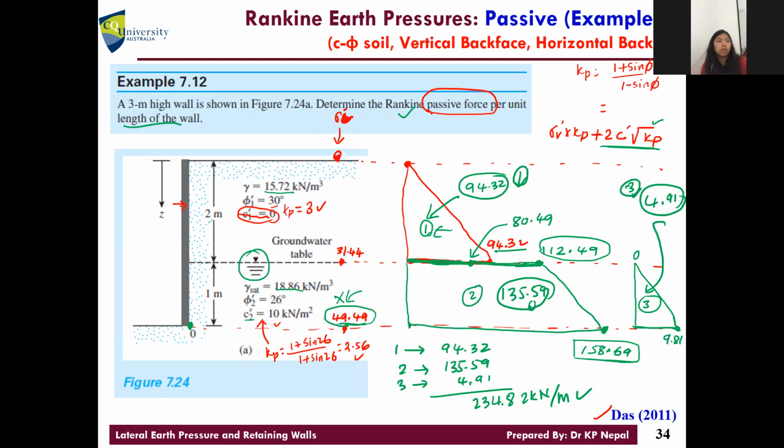It's 40.49. When I wrote 49, it should be 40.49, correct. So now I can multiply that. 40.49 times, what's the Kp value for this layer? 2.56. Plus 2 times C, where C is 10 times the square root of Kp, 2.56.